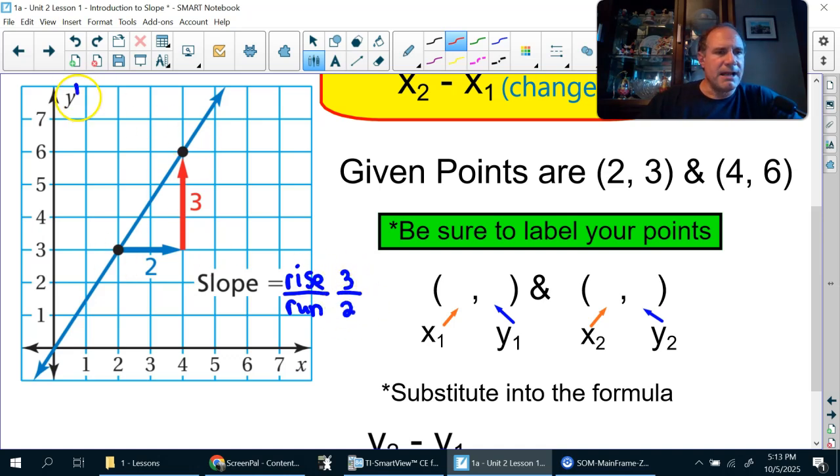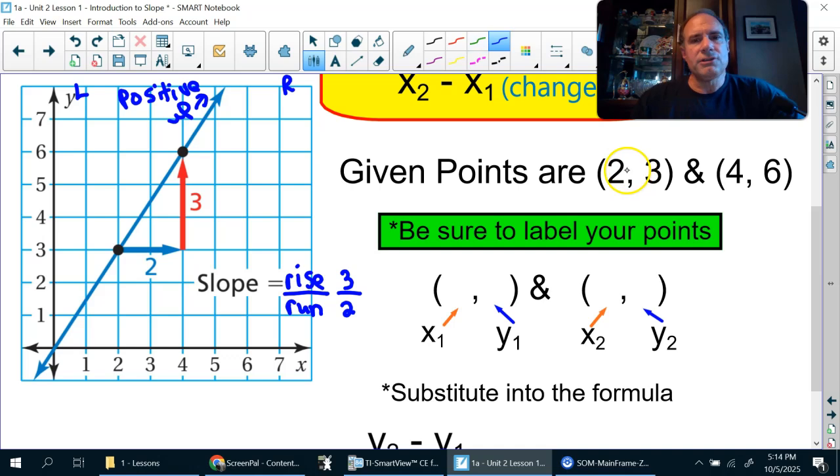And this is a positive slope because from left to right, it's going up. So the slope is 3 over 2. But now, if they didn't give you this graph, you would have to figure it out from the points and not from graphing.